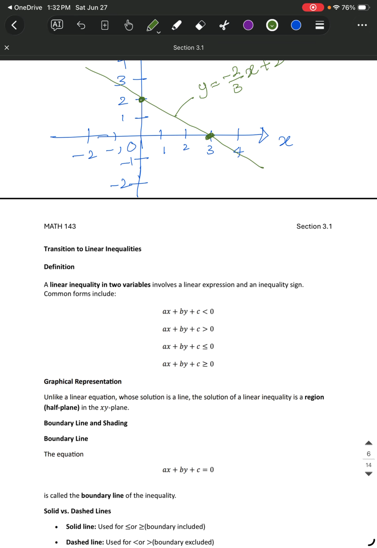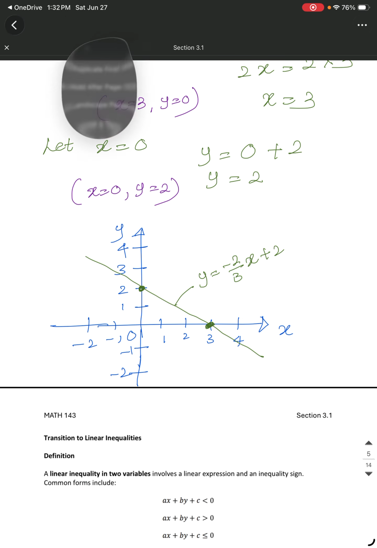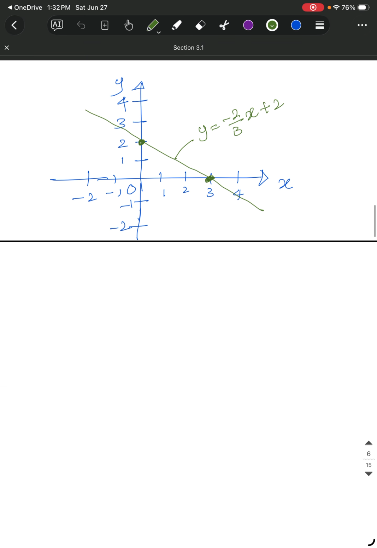So from equations to inequalities, let's see. Now let's make one small change.